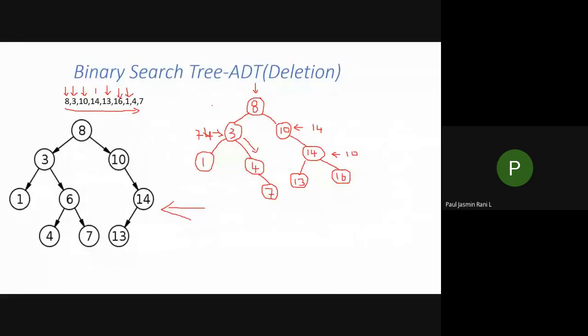Deletion operation means I will have 3 cases. That is deleting a child element. If I want to delete this node, this particular node does not have any child, that is, this is a leaf node. So case 1 is where it is a leaf node, then what you have to do.